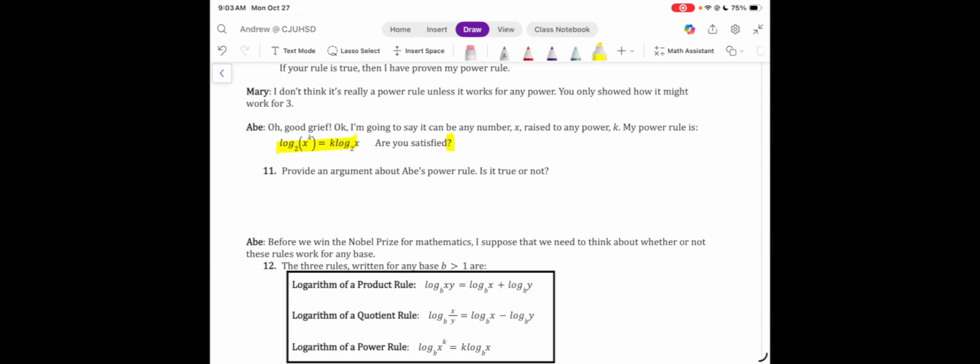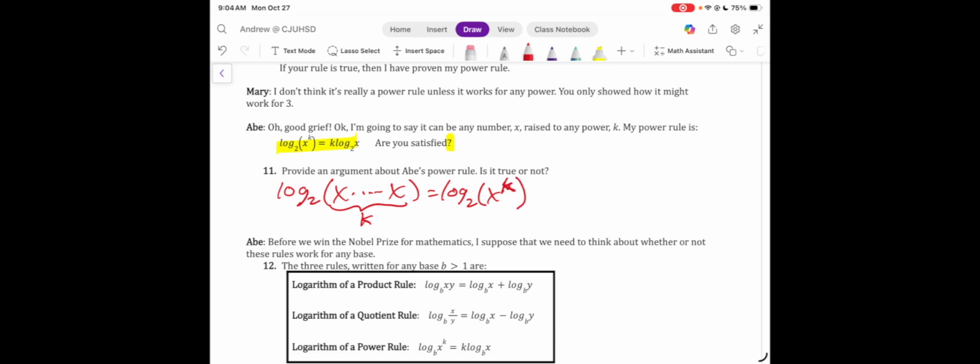Okay, so it is true. We know that's going to be true. Because what we're saying is that if you have the log base 2 of x, and we kind of have to do a... here. How many of them are there? There are, let's say, k of them. Right? So that's the same as saying log base 2 of x to the k power.